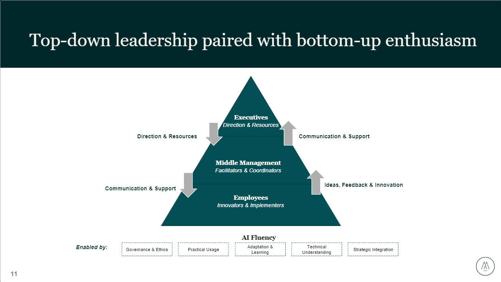Leadership provides the strategic direction, the resources, the support and the encouragement, while the employees generate ideas, feedback, and practical hands-on-the-ground applications of Gen AI. We can endorse AI as leadership, but we want to ensure that everyone works on this journey together.